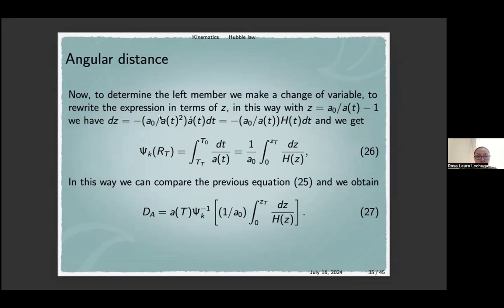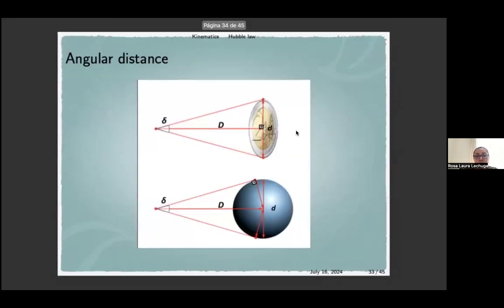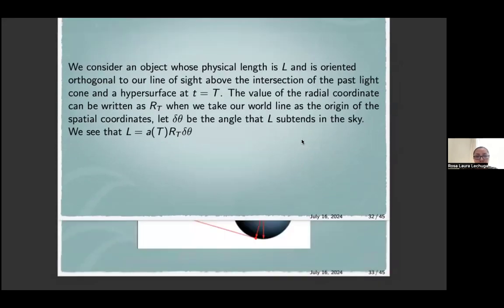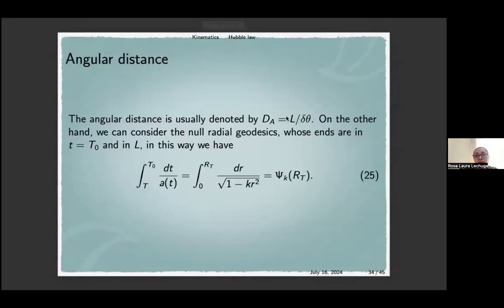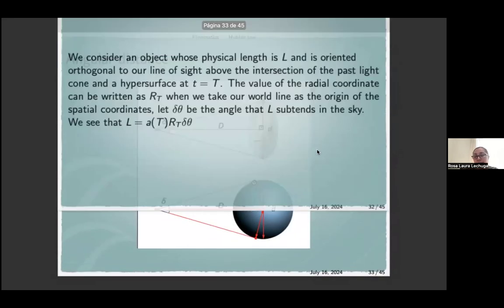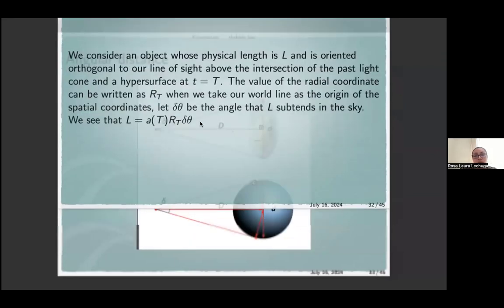Okay, someone is asking in the chat. Let me show you. You have this example. You can think of an object with a physical length L, and this object is oriented orthogonal to this line, okay?